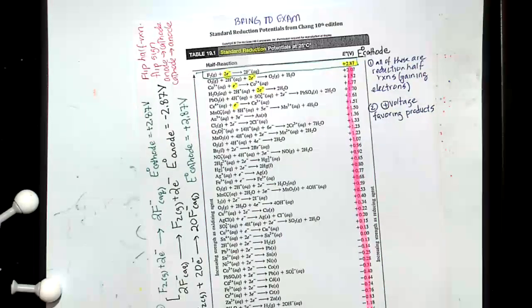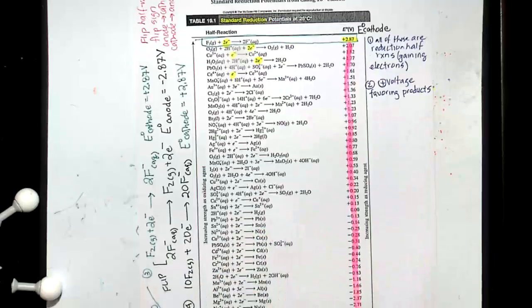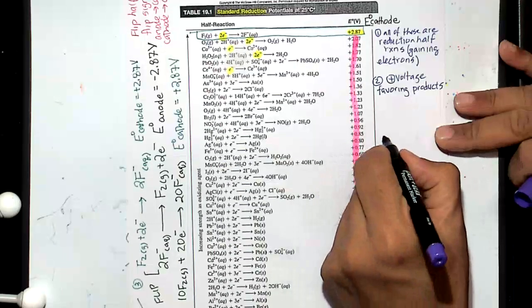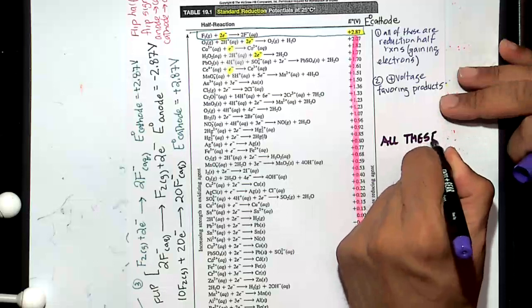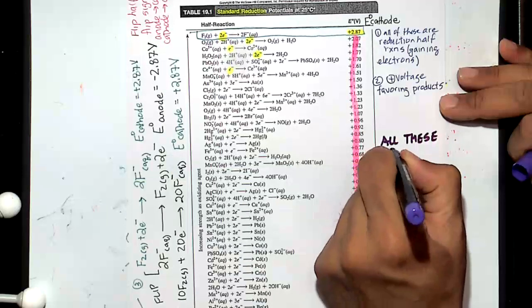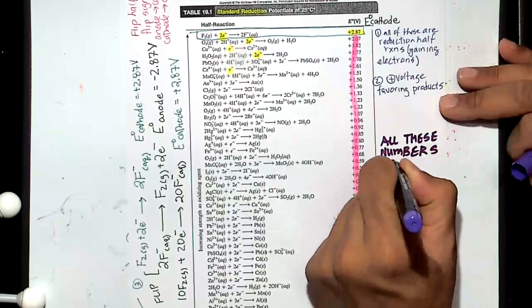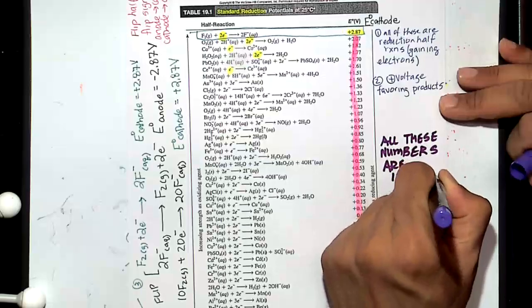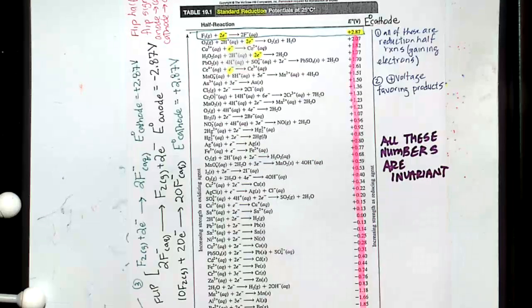All these numbers are invariant. No matter what, they don't change, other than the sign. And how can you get these voltages to change sign? Flip it, or reverse it or whatever.